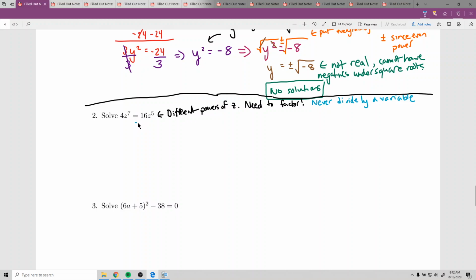So I want to subtract the 16z to the 5th on each side to make the biggest power of z stay positive like I enjoy. We got 4z to the 7th minus 16z to the 5th equals 0.